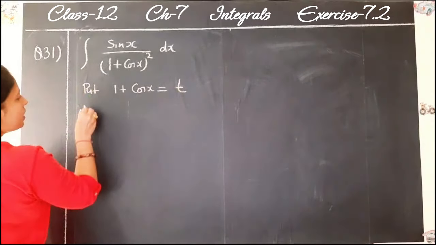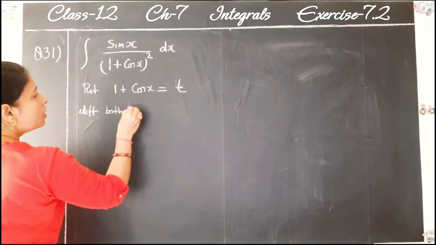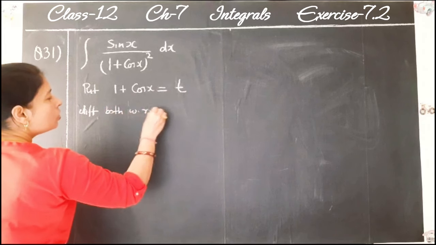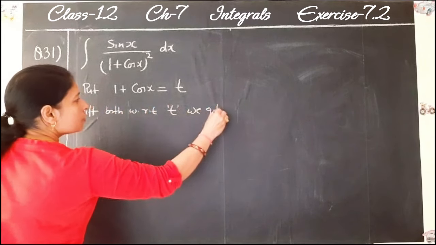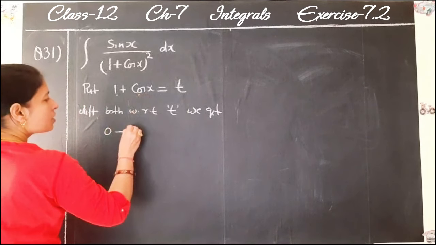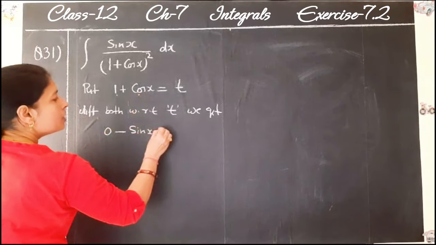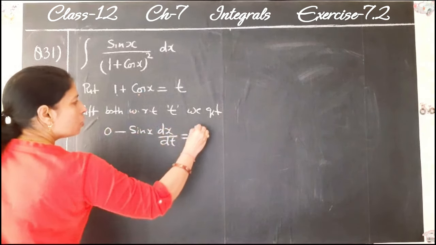So differentiate both sides with respect to t. We get 1 is constant, 0, cos x gives minus sin x, dx by dt is equal to 1.